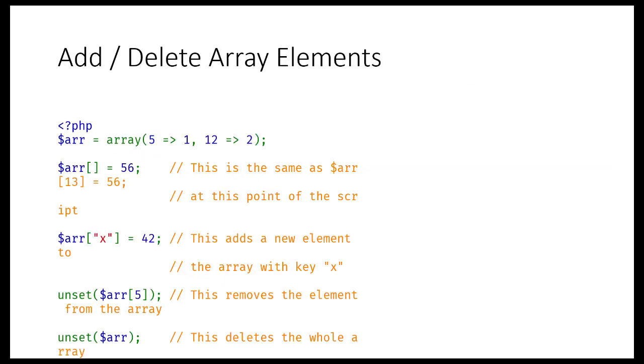Now, every language has its own ideas. I don't know why this formatted the way it did, but we can add values to an array. So if we have an array, in this case we've called our array ARR, and we're adding to position 5 in the array the number 1, and then to position 12, we're adding the number 2.